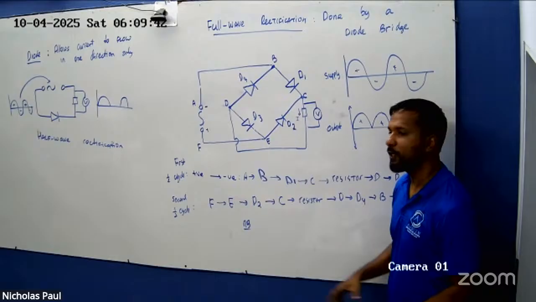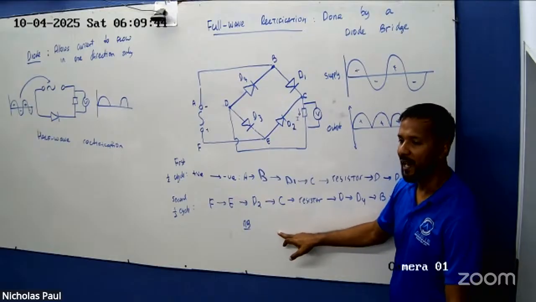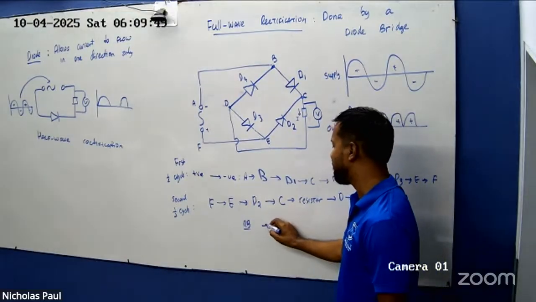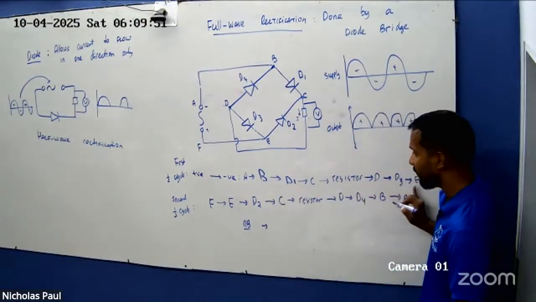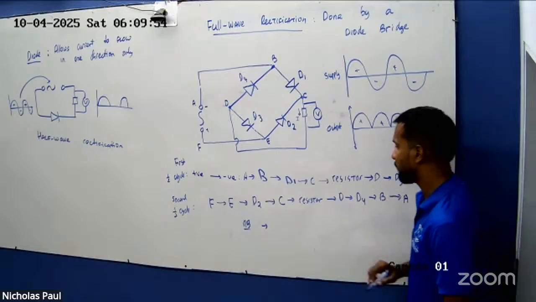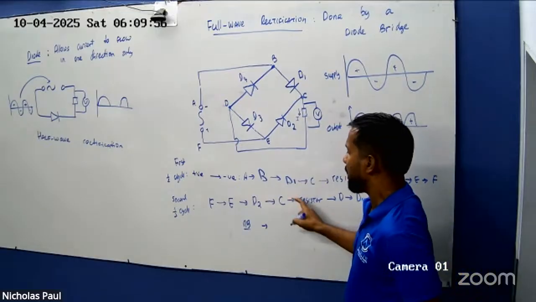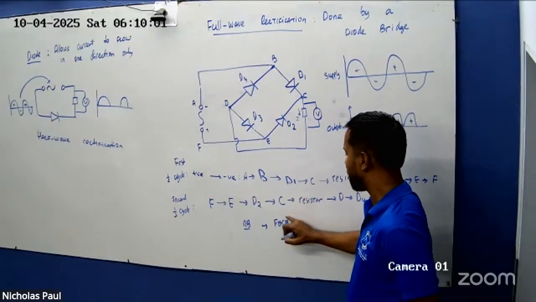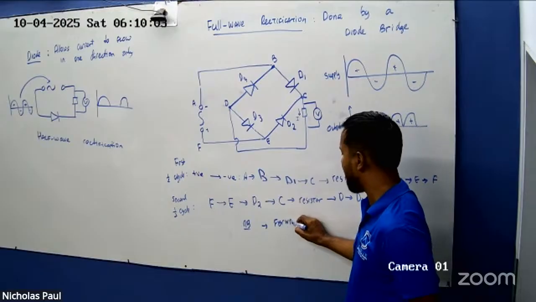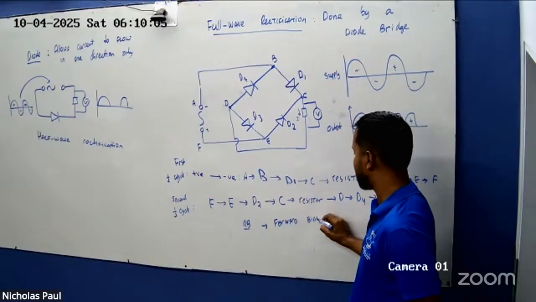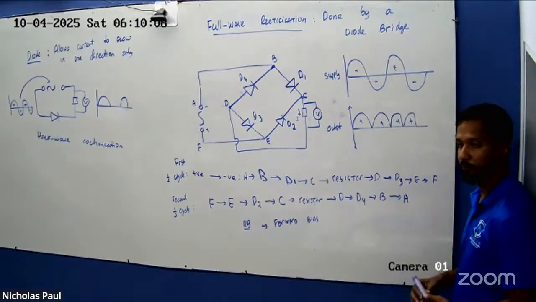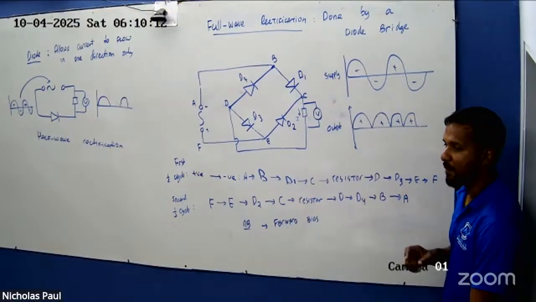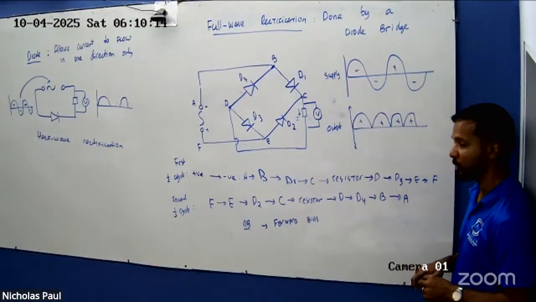Right, just note that all the diodes here are forward bias. All of the diodes in here are forward bias. And the second thing is that you must always remember that current goes from a high to a low potential.